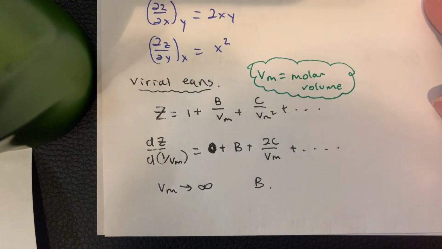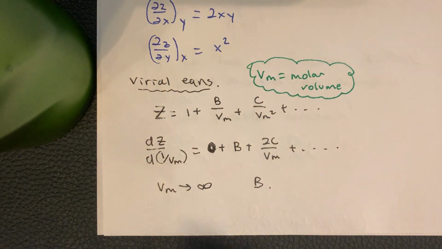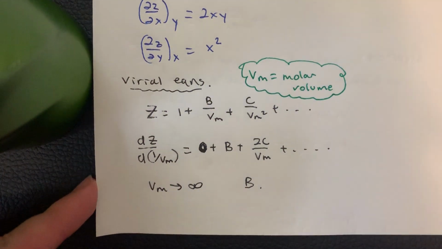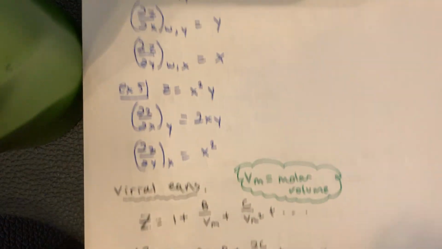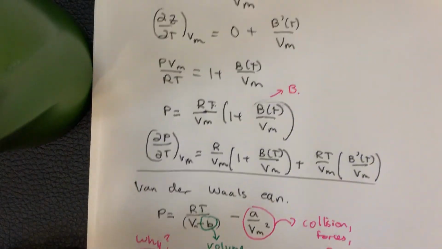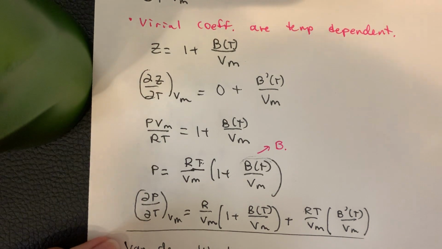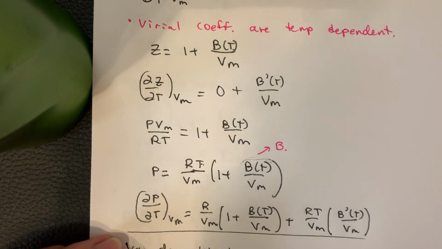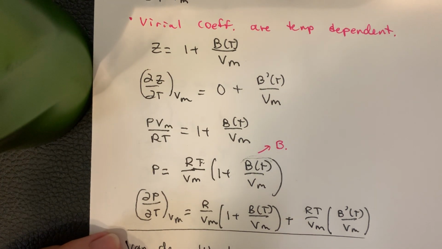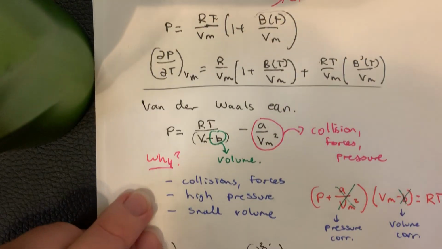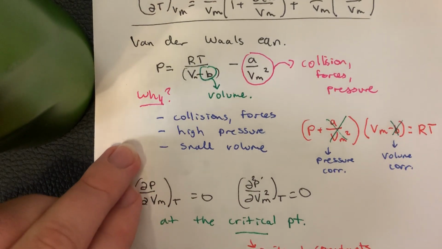We went over a few examples. We talked about the Virial Equations, what happens at a certain point for those. And we also went in a little more depth with the Virial Equations and said, hey, this becomes a little more complex. And then talked about the van der Waals equation at the end.